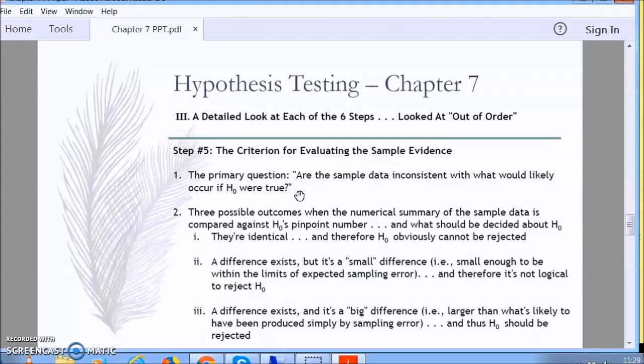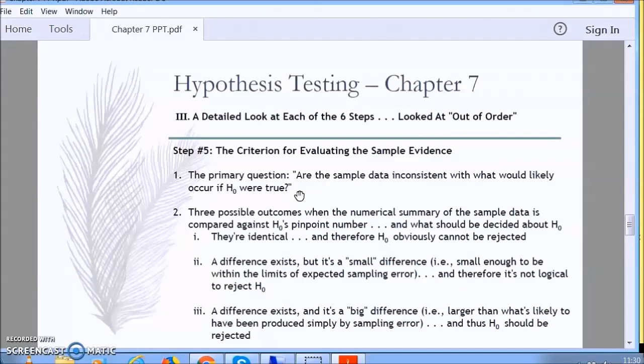Or the second way is to do it with the P, that is the level of significance. The P value takes between the scale of 0 and 1, and so this criteria is called the level of significance. It functions as the critical value, like in the first procedure for evaluating the sample evidence.